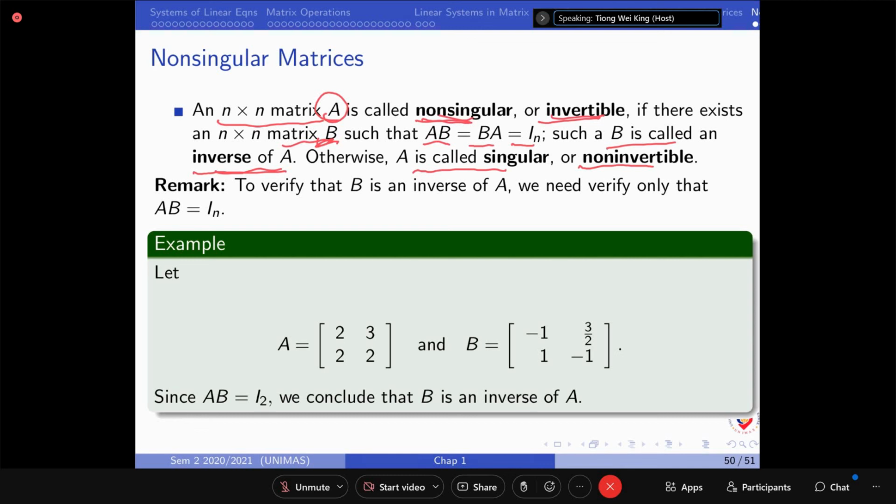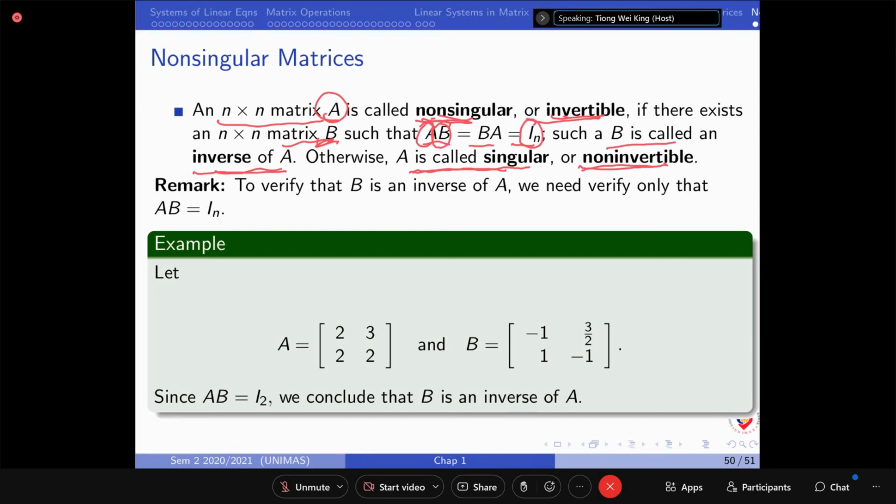You need to remember this. If you cannot find an inverse matrix, then A is called singular and non-invertible. You need to be careful with singular and non-singular, invertible and non-invertible. Sometimes they are a bit confusing. Another thing you need to remember is that if a matrix multiplies with its inverse, you will get the identity matrix.